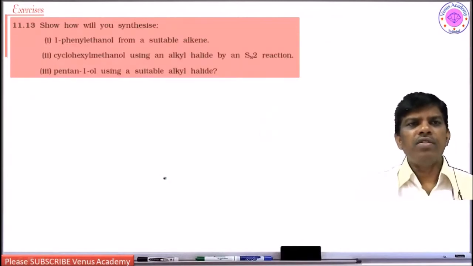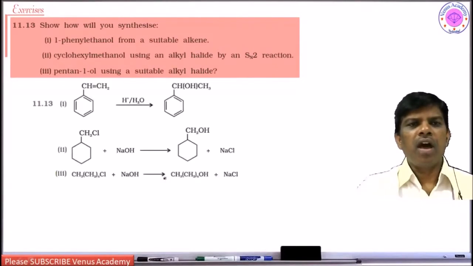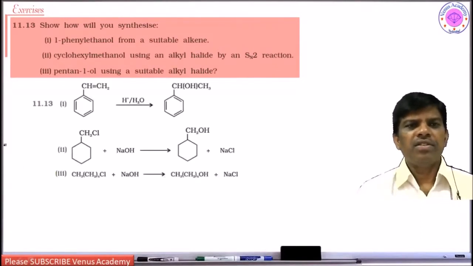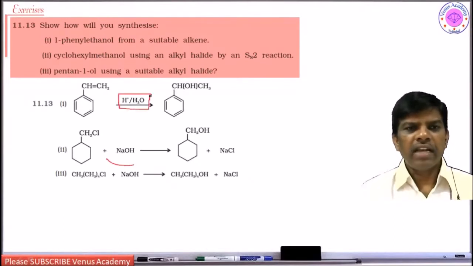Show how will you synthesize 1-phenyl ethanol from a suitable alkene, cyclohexyl methanol using an alkyl halide by an SN2 reaction, pentan-1-ol using a suitable alkyl halide. Dear students, so this is the way. H plus and water. So hydration, it is Markovnikov's addition. Yes students.